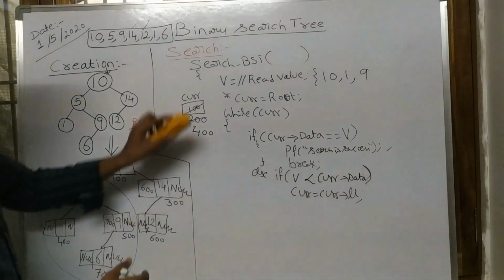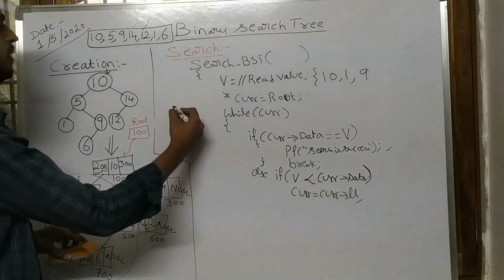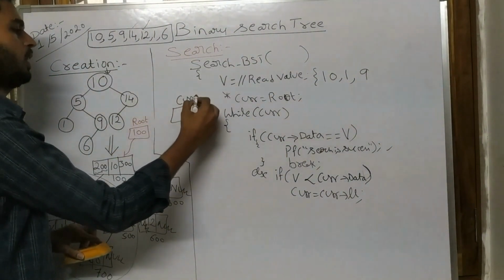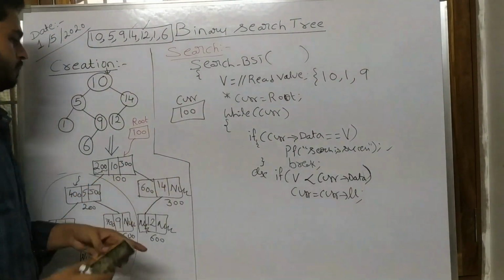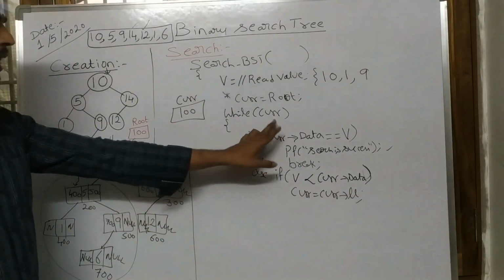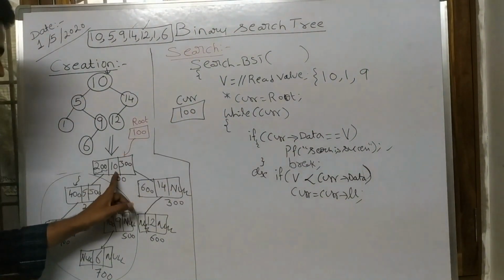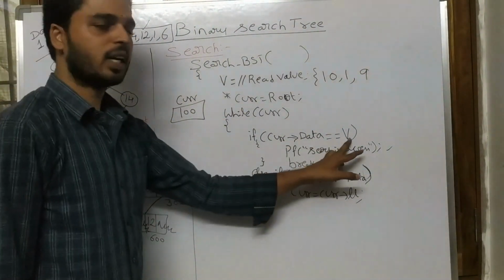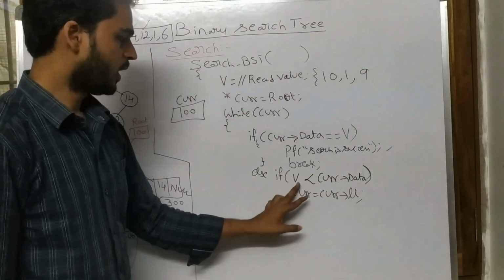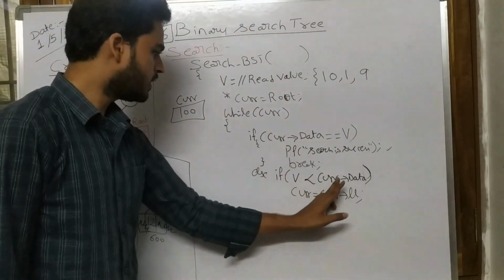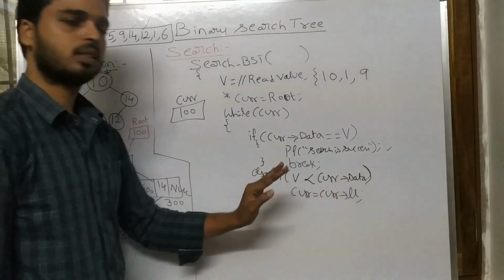Now once again it is going to execute. Current is 100. Now while 100, 100's data is 10. 10 double equal to 9? No. Now 9 less than 10? Yes.